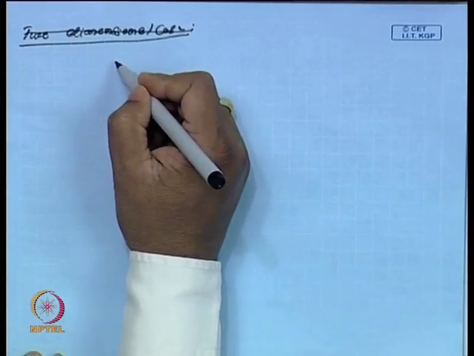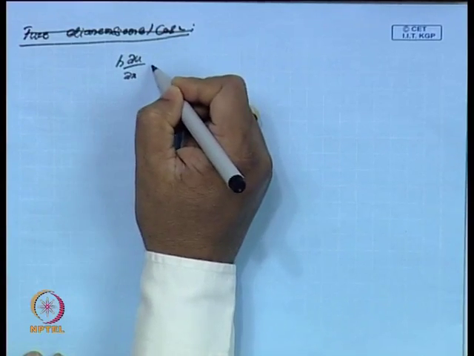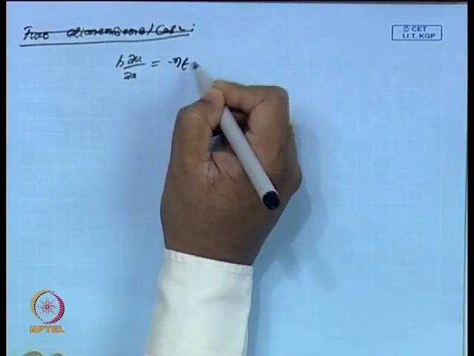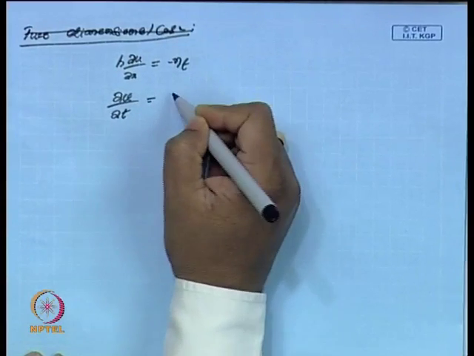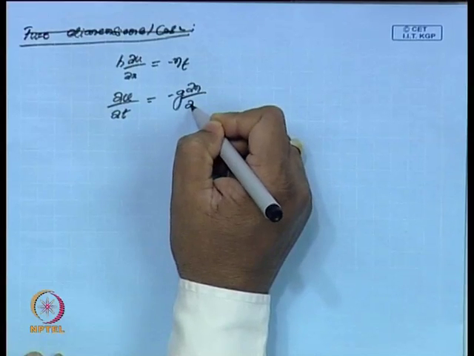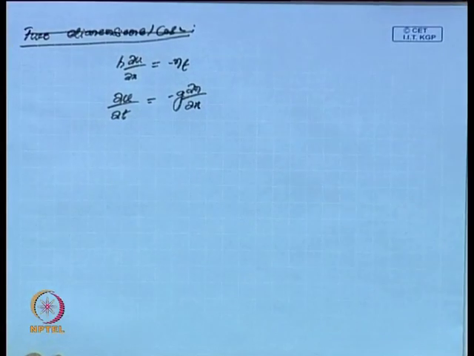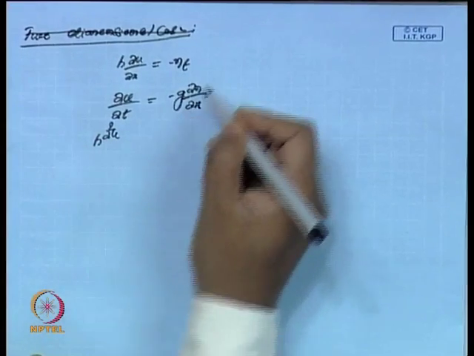I have already seen that if I again analyze this element, because I have h del u by del x is equal to minus eta t, and I have del u by del t equal to minus g del eta by del x.